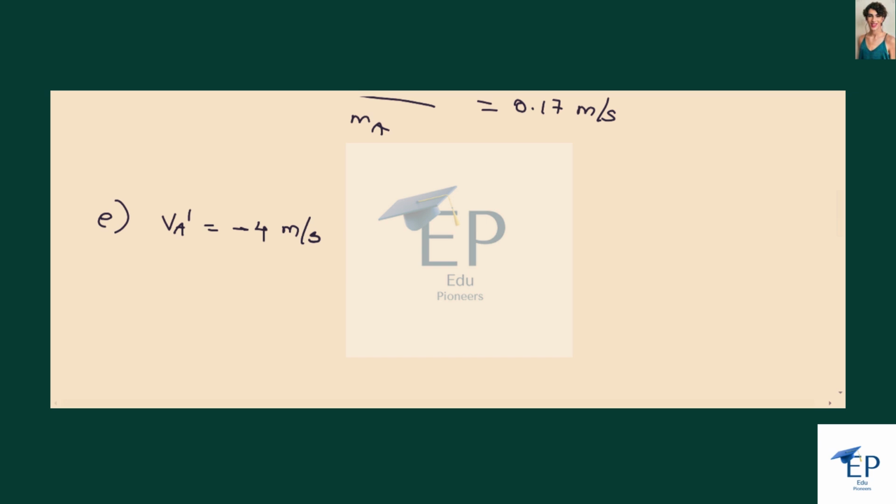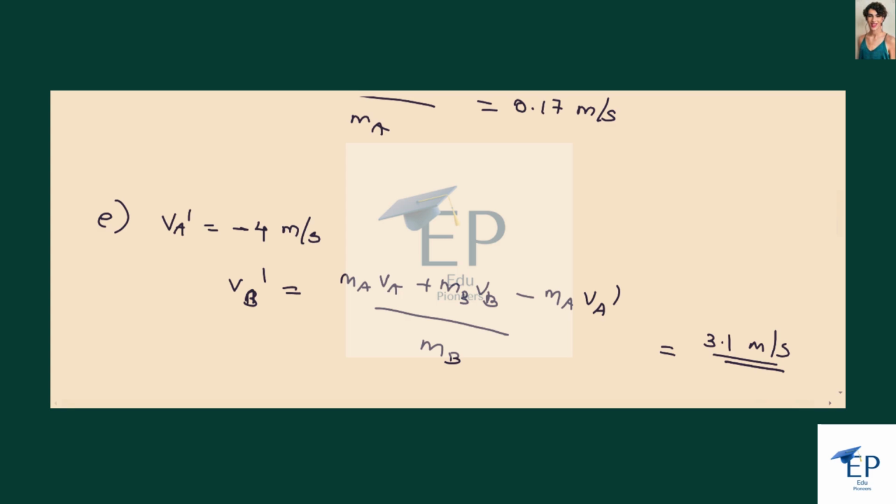So from the conservation of momentum, we can write Vb prime equal to Ma Va plus Mb Vb, and we have a minus here since the velocity of the other ball is not zero, minus Ma Va prime, all divided by Mb, which will give us a velocity equal to 3.1 meter per second. This is our required answer.